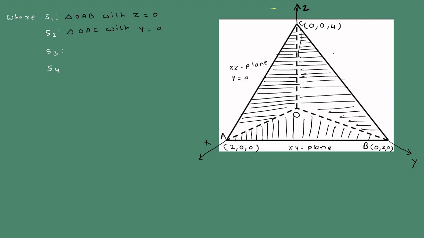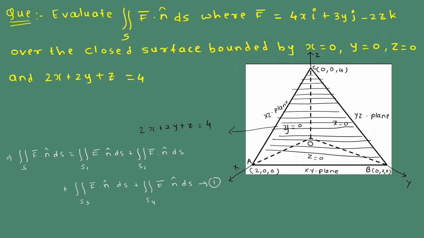This is the yz plane with x equals 0, so the triangle OBC, with x equals 0. And S4 is this above plane, which has the equation 2x plus 2y plus z equals 4, as given in the problem.